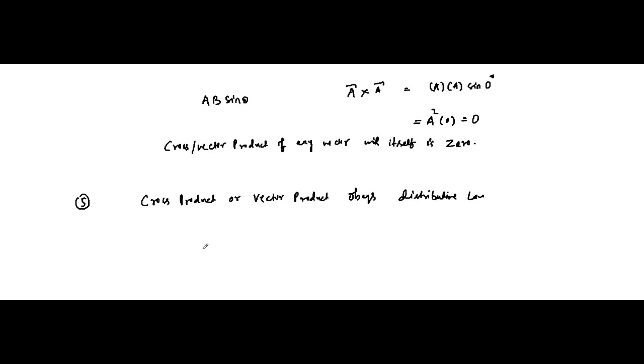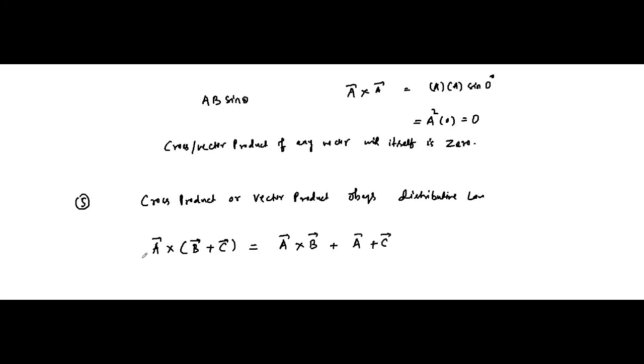That is, A vector cross (B vector plus C vector) is equal to A vector cross B vector plus A vector cross C vector.